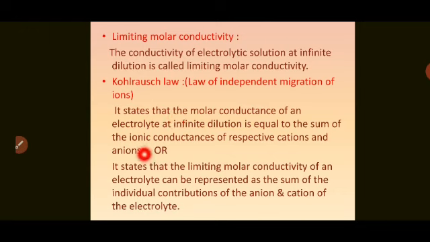So one more statement we can give is: it states that the limiting molar conductivity, instead of using the conductance of an electrolyte at infinite dilution, the word used is limiting molar conductivity, of an electrolyte can be represented as the sum, meaning addition, of the individual contributions of the cation and anion of the electrolyte. Means for both the ions, the sum of the individual molar conductivities is considered.